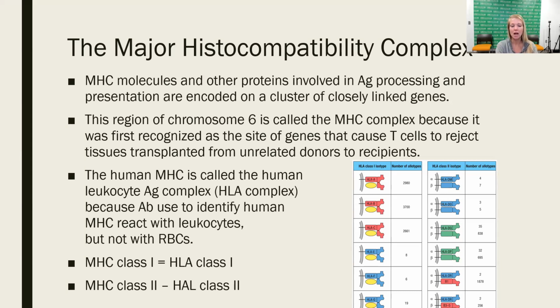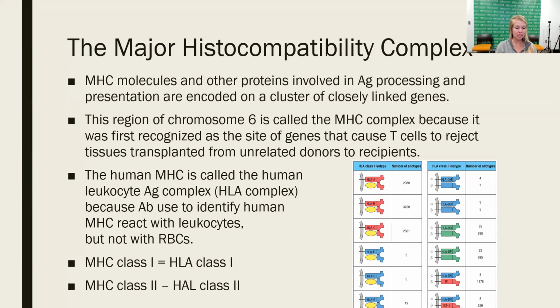Now, histo means tissue, and compatibility, meaning whether a tissue is compatible with another tissue. The thing is that these sets of proteins were looked at and explored in two different ways. One way was on all the tissues of the body.